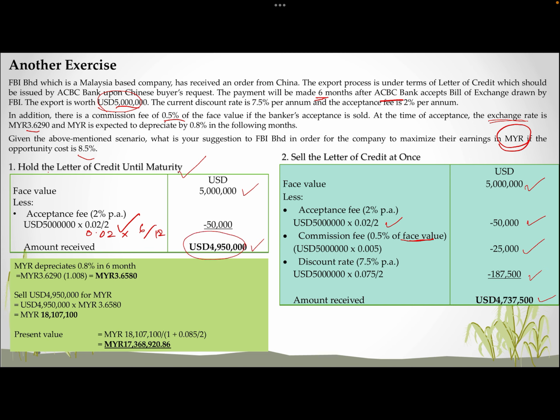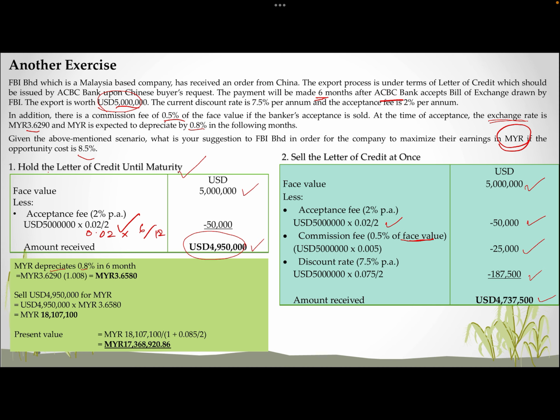So we have to find the forward rate. Here, Malaysia is expected to depreciate 0.8 in the following months. So you have to remember how to find the forward rate by using percentage. So 3.6290 times 1.008 because depreciate, meaning that the value is bigger.